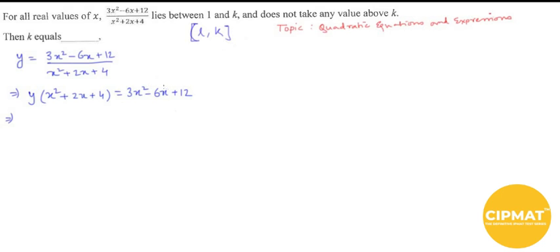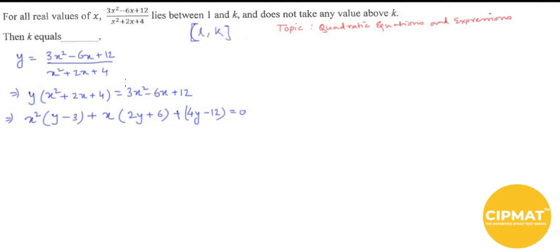Now if we further bring this part of the equation, that is the right hand side of the equation, to the left hand side, this becomes x square. Let's collect all the coefficients of x square, y, and from here I get minus 3. Let's collect all the coefficients of x, that is 2y, and from the right hand side we get 6, and 4y minus 12, this is the constant term, and this is equals to 0.